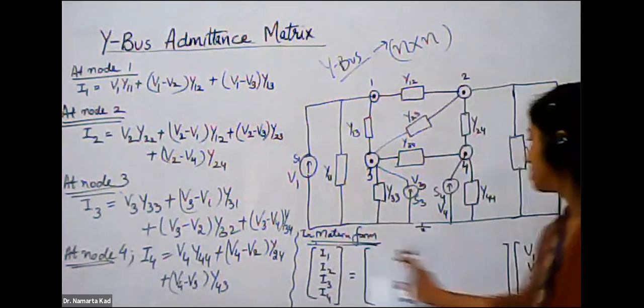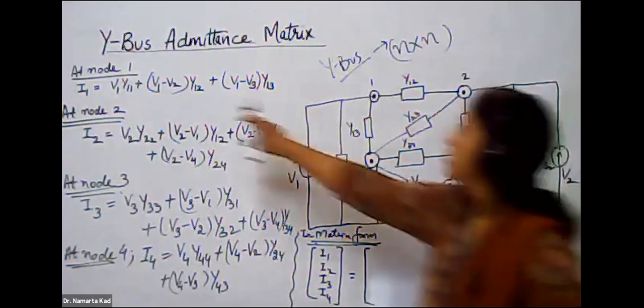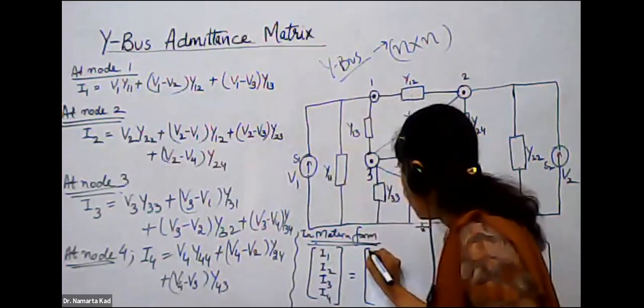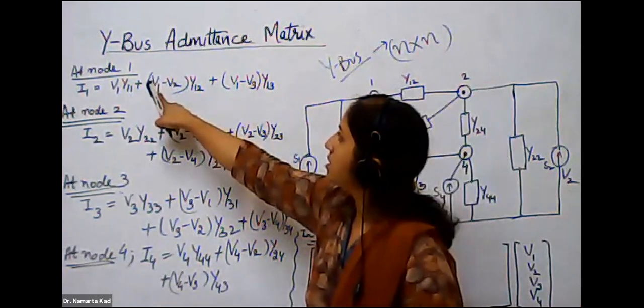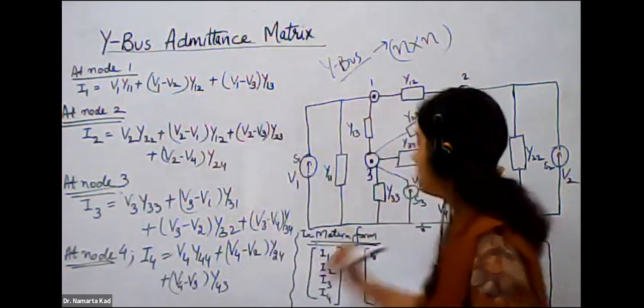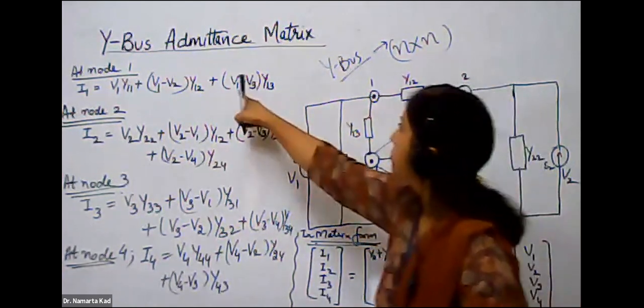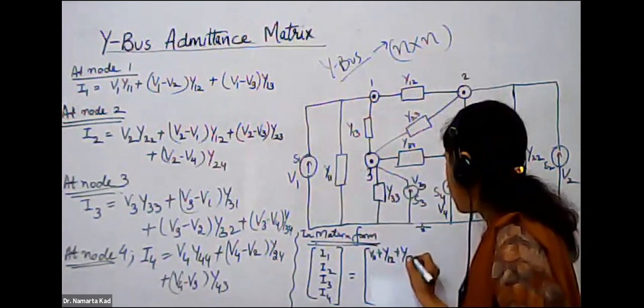So the first component that is related with the V1 from this equation, so it comes out to be Y11. Y11 with V1, what is there? V1 into Y12 again positive plus Y12, then V1 into Y13 plus Y13.